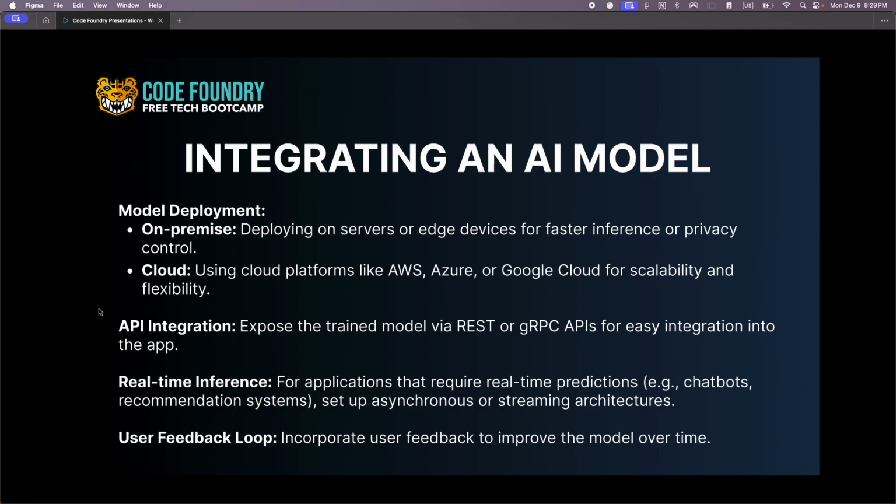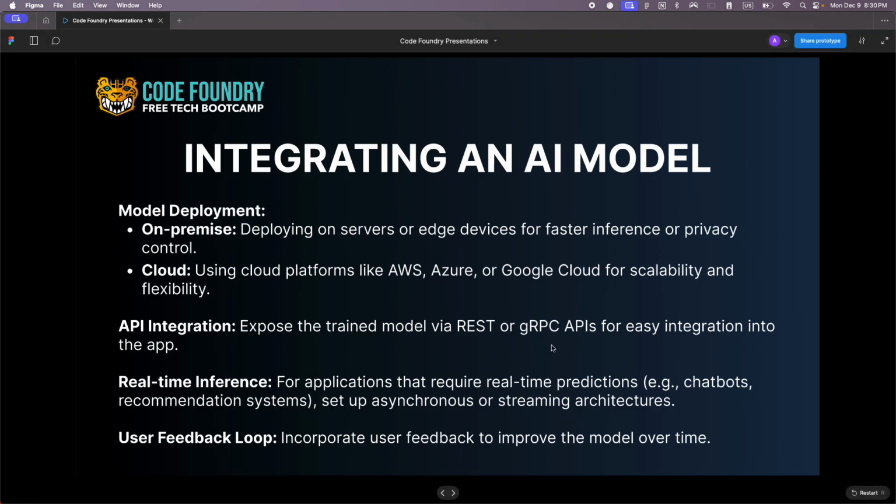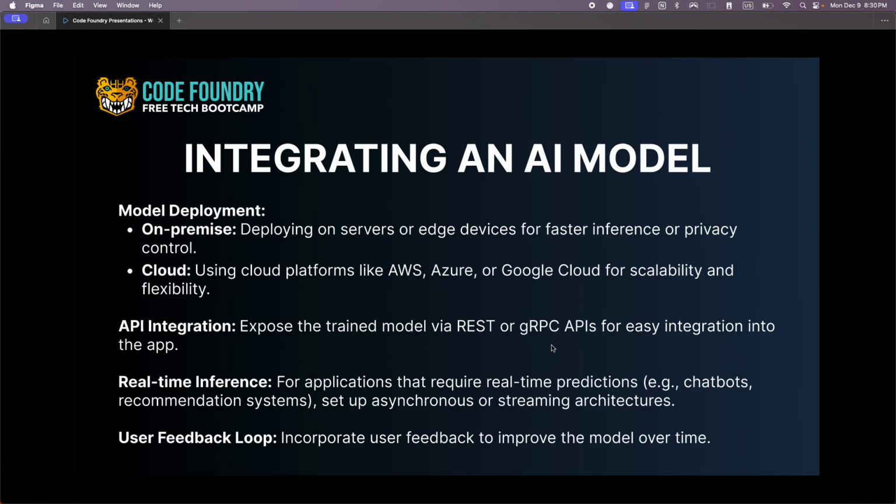And so typically we will be using API integration with a REST API or another model for adding our AI, which is going to be run separately from the rest of our application. So for example, with ChatGPT, we implement their API, and then we send API requests to ChatGPT's servers, which will process the request and return a result.